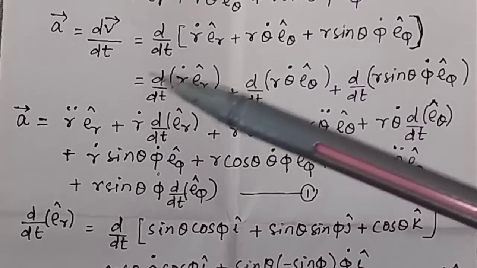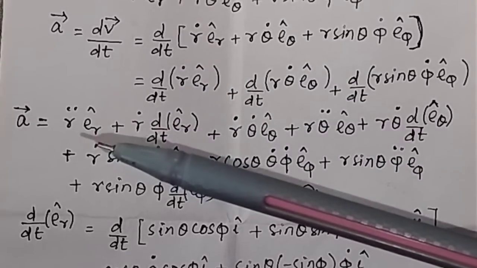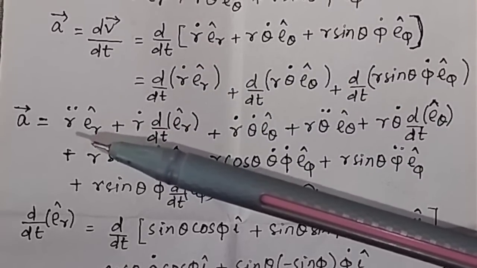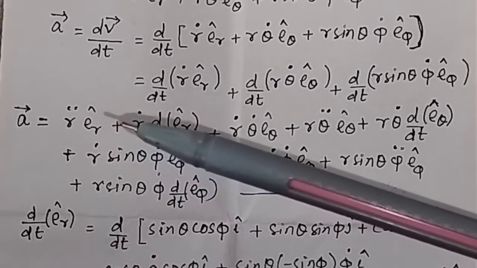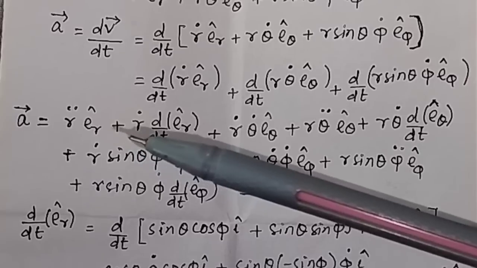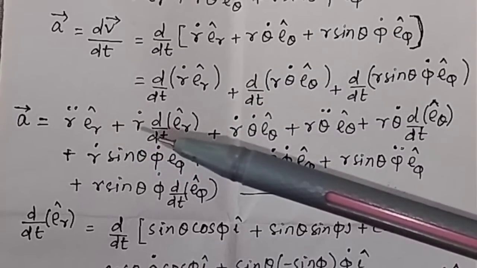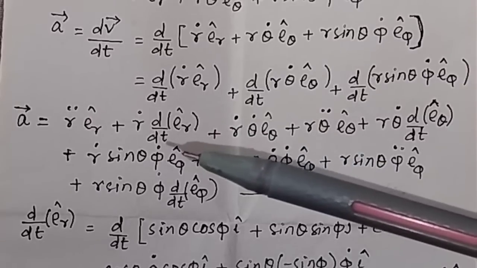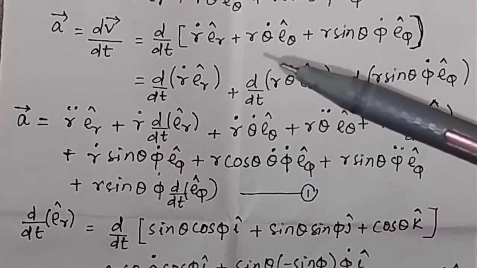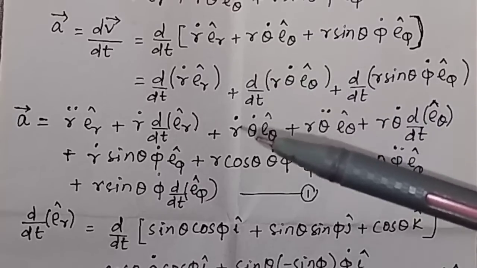So for r dot e_r cap, you have r double dot, which means the second derivative of r with respect to time, keeping e_r cap constant. Then you have r dot, and you take the derivative of e_r cap with respect to time. Similarly, you take the derivative of r, that is r dot, keeping theta dot e_theta cap constant.